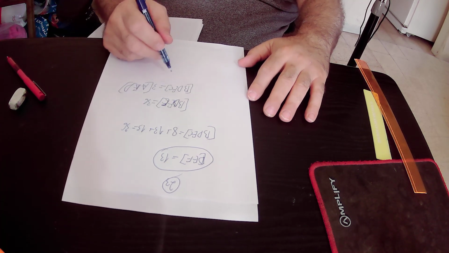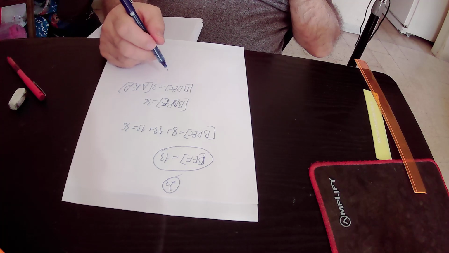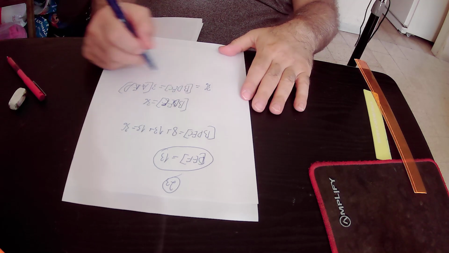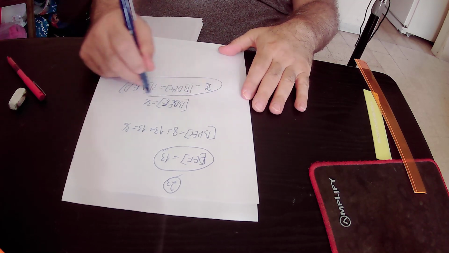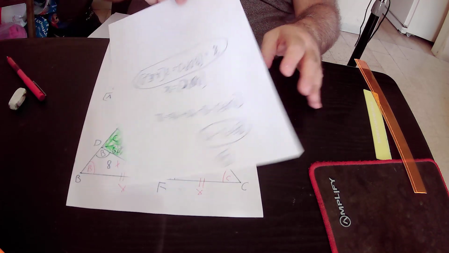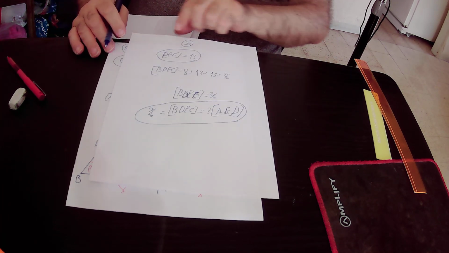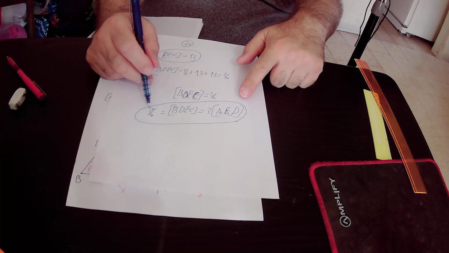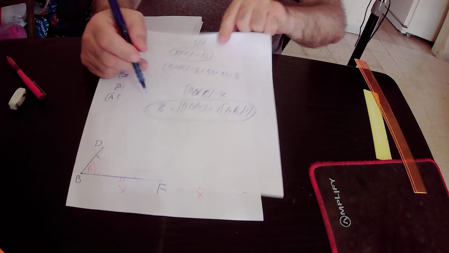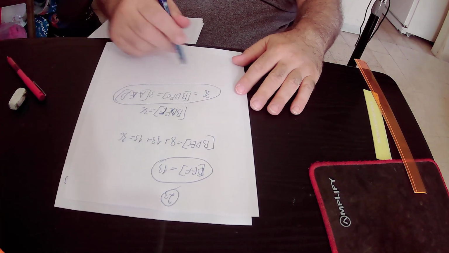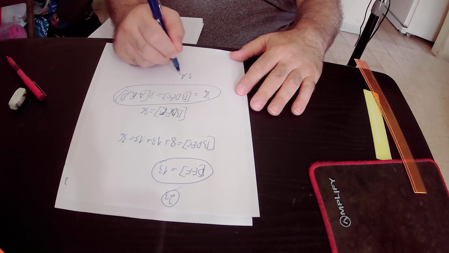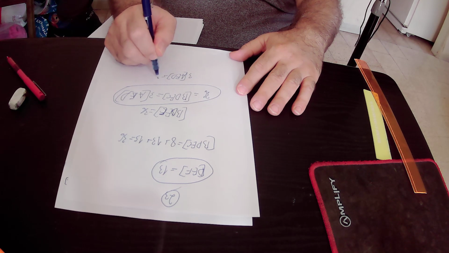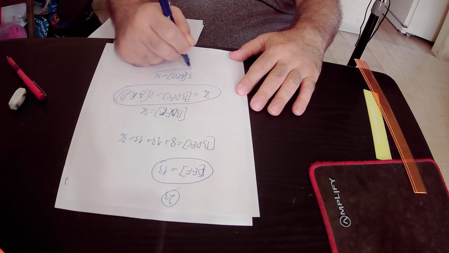And we also know that the area of quadrilateral BDEC equals 36 square units. So from this equality, we can derive that 3 times the area of triangle AED equals 36 square units.